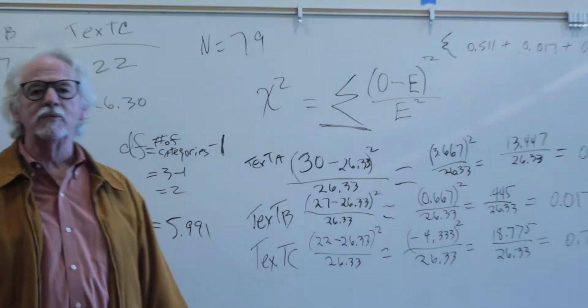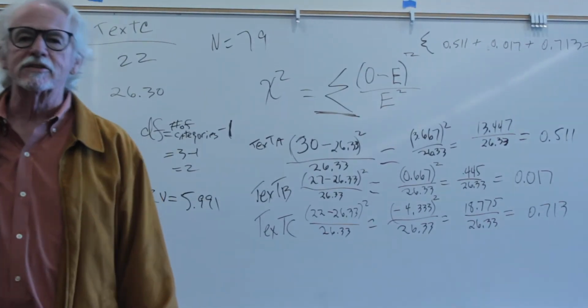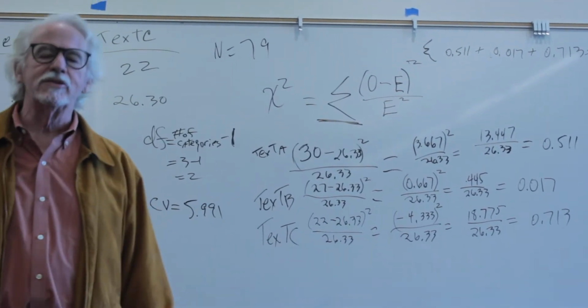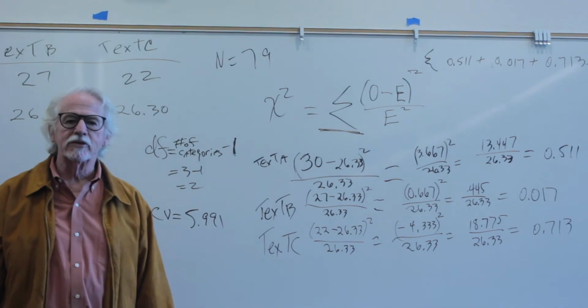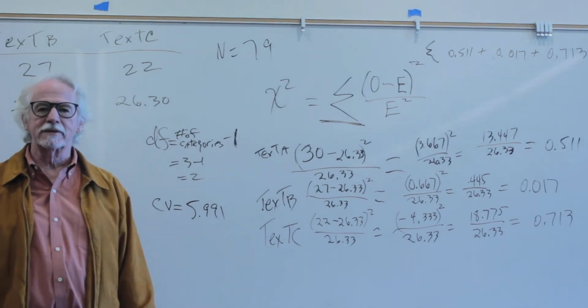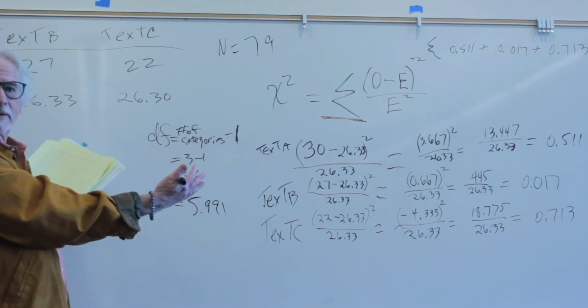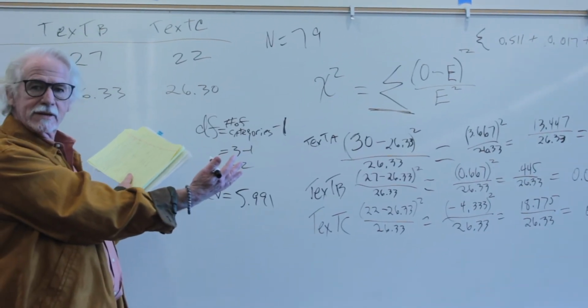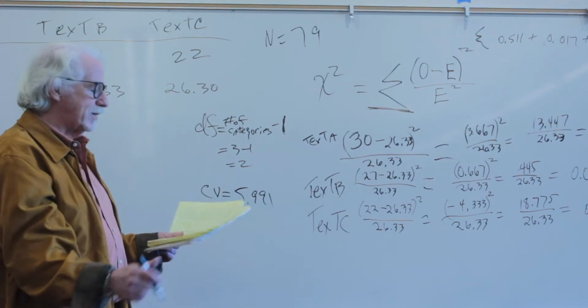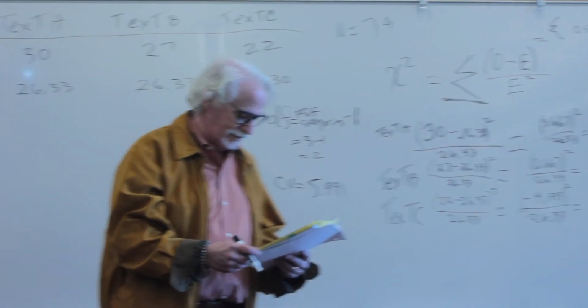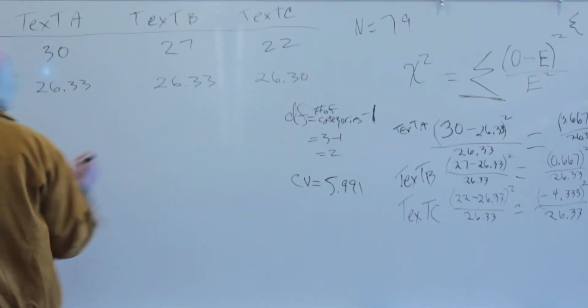Obviously we are nowhere near that, so we do not have statistical significance, and we fail to reject the null hypothesis. One-way chi-square, very easy, very simple. Much better than what we've been doing up until now.